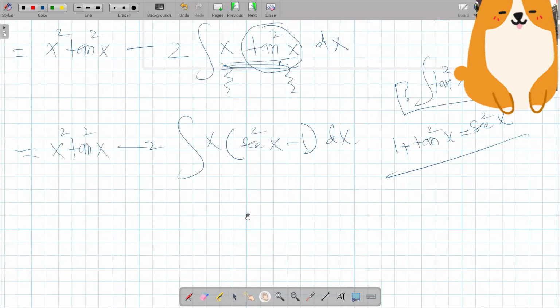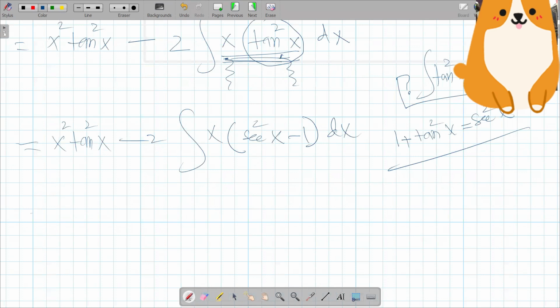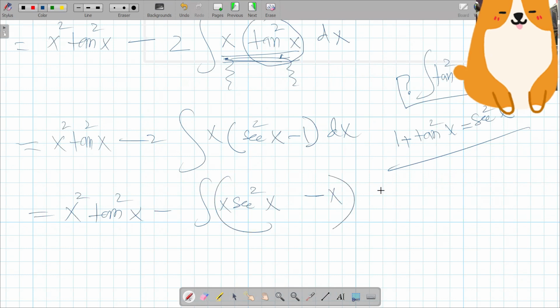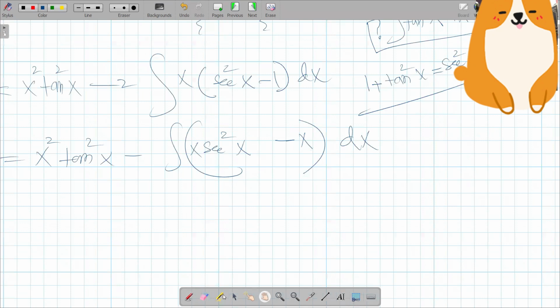Okay. So just break it in two terms now. There are two terms. One is x sec squared x and the other is just x. Multiply x inside. Is it fine?